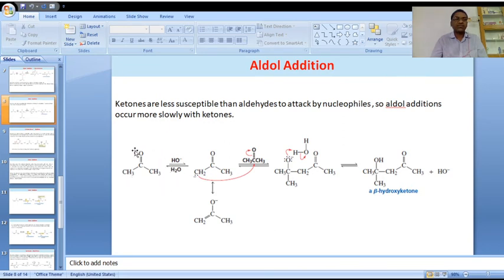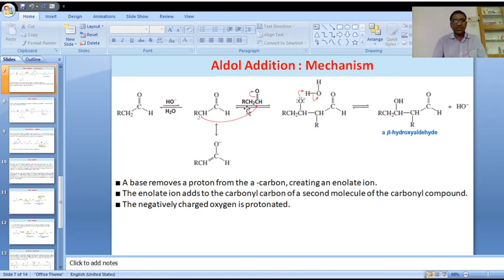In this ketone, on both sides adjacent to the carbonyl carbon, there is a CH3 and CH3. But in the aldehyde, at the carbonyl functional group, one side is hydrogen and only one side there is an active methylene.